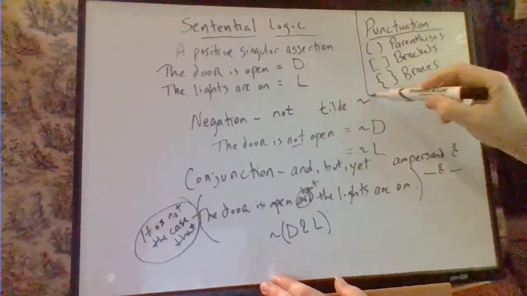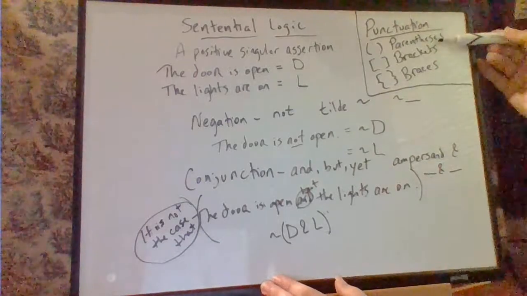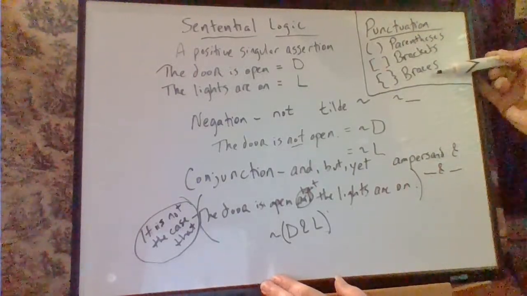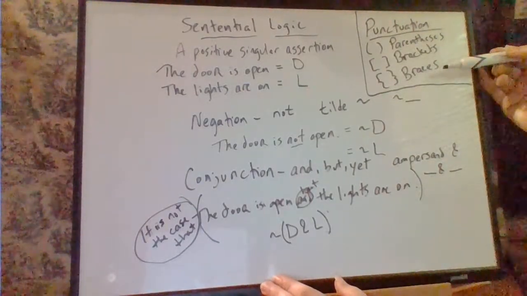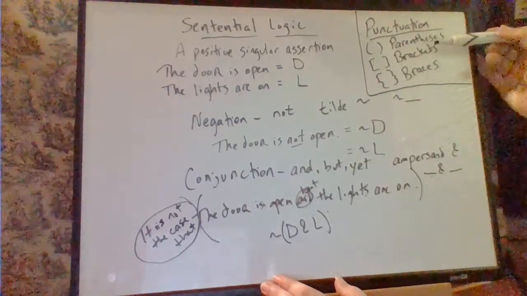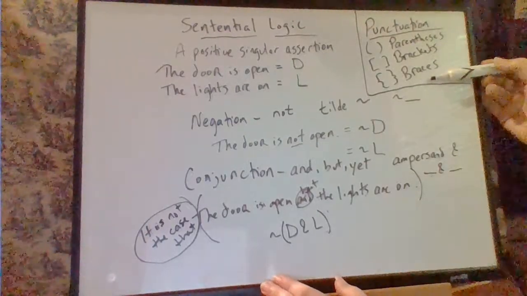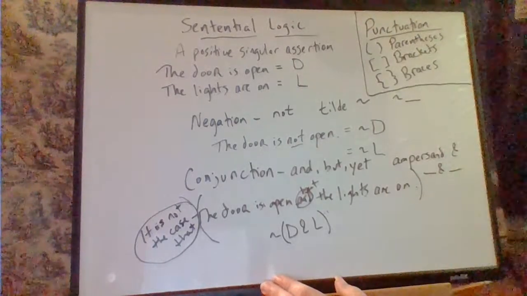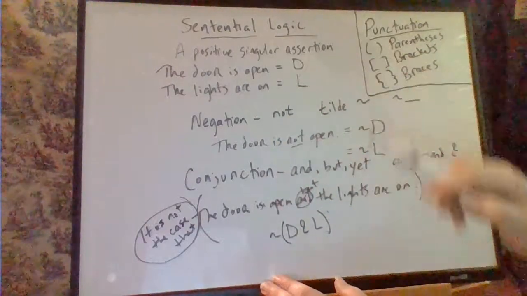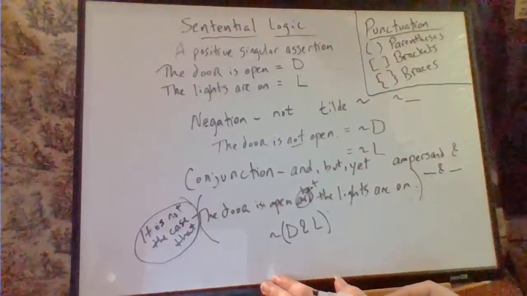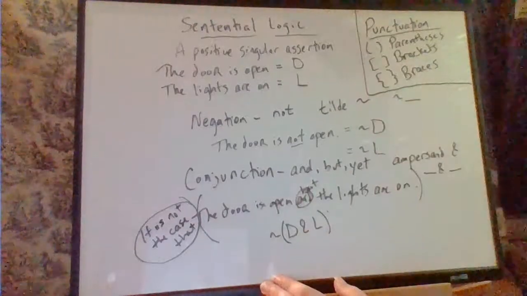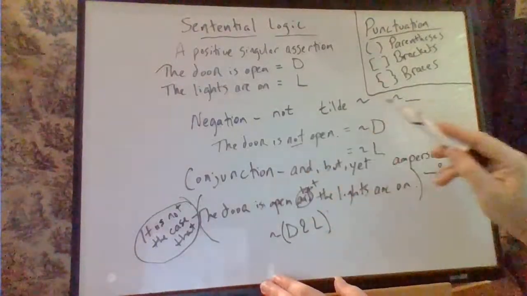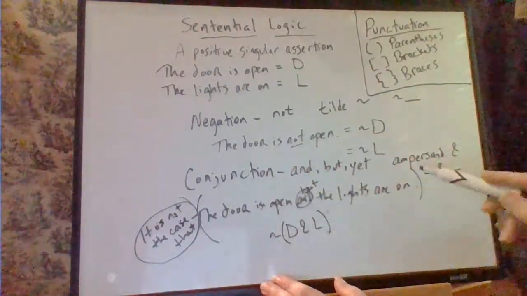But basically, this is the punctuation: parentheses, brackets, braces. And this is also the order of operations that you take things in: parentheses, brackets, braces. But again, for these translations, I don't think you'll have to use anything beyond parentheses. Okay. So those are the first two symbols, negation, the tilde, and conjunction, the ampersand.